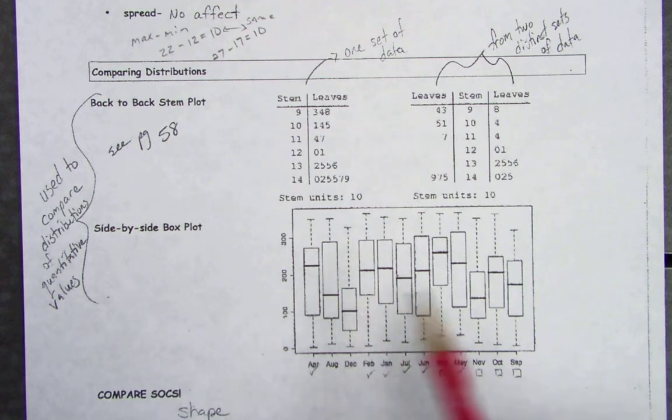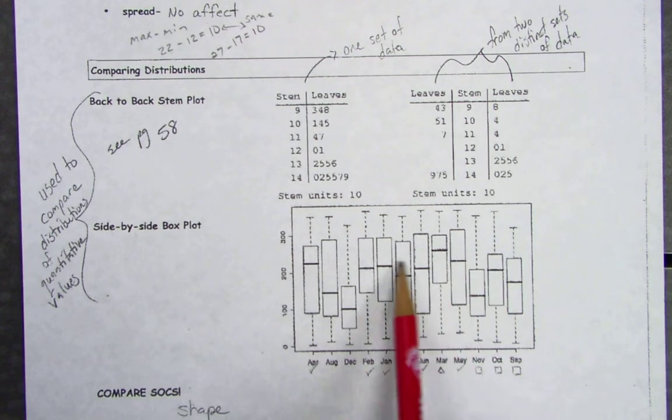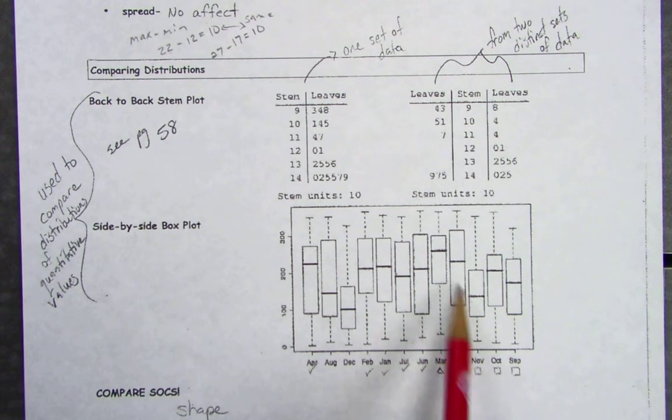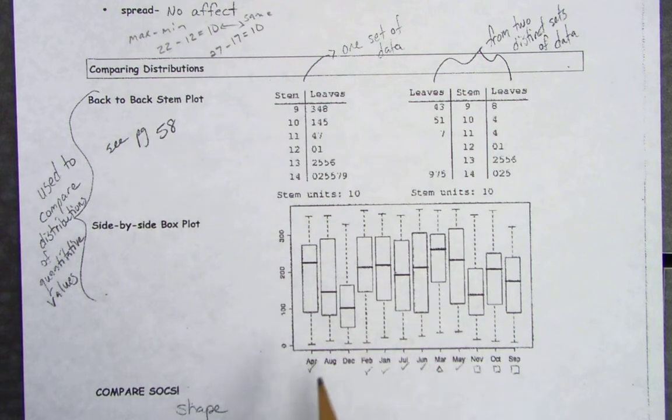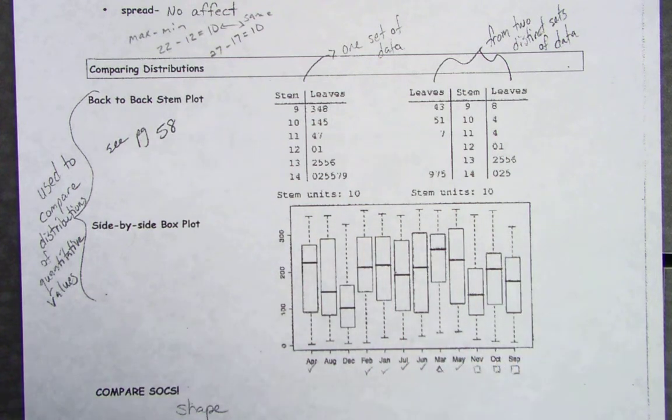So in this side-to-side box plot, we can see, look, these medians are roughly the same with these ones in here. These medians are much lower, and this one's a lot higher than all the rest of them. So we get an eagle-eye view of where the medians are, where the maximums are, the minimums, and we can compare things just by looking at it.